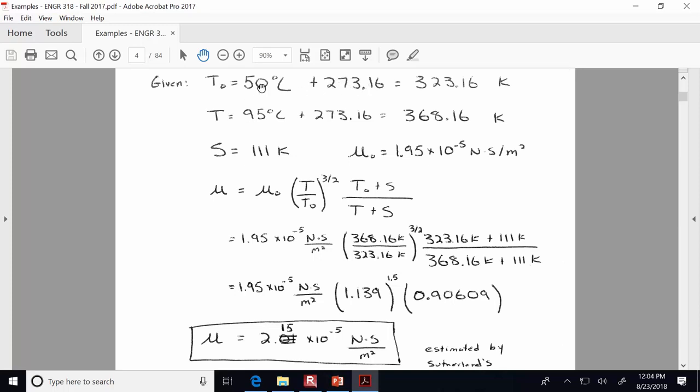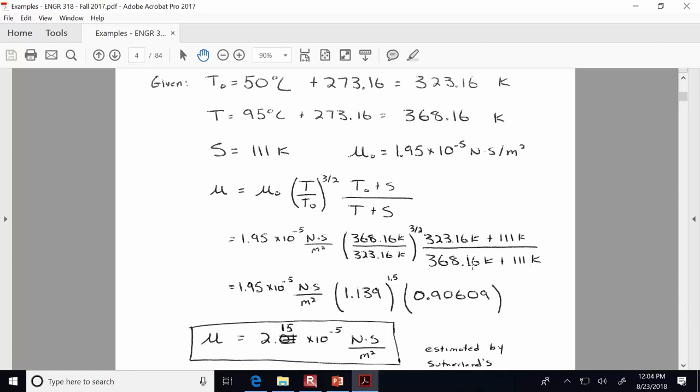So we know the initial temperature, we know the temperature that we desire to know the viscosity at, in this case 95 degrees Celsius, and then we also have this term where we add in Sutherland's constant, 111 Kelvin. So did anybody else get 2.15 times 10 to the minus 5th Newton seconds per meter squared?